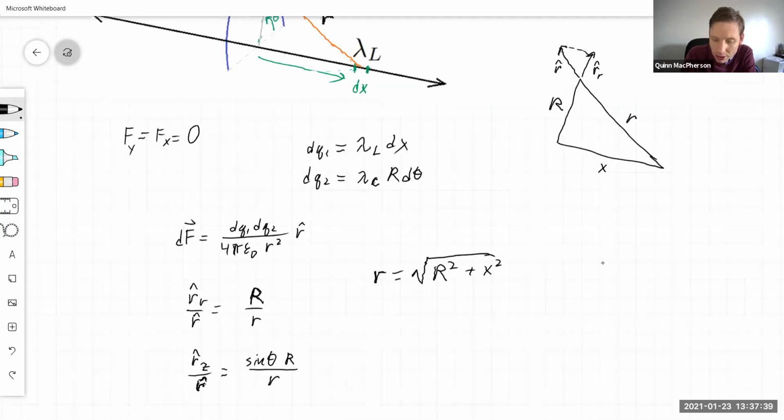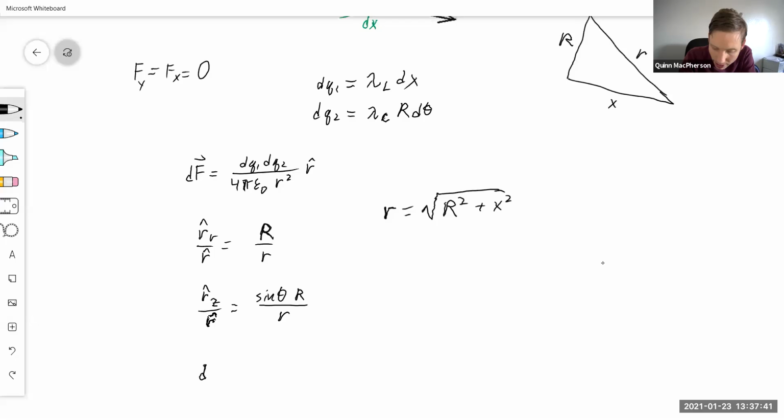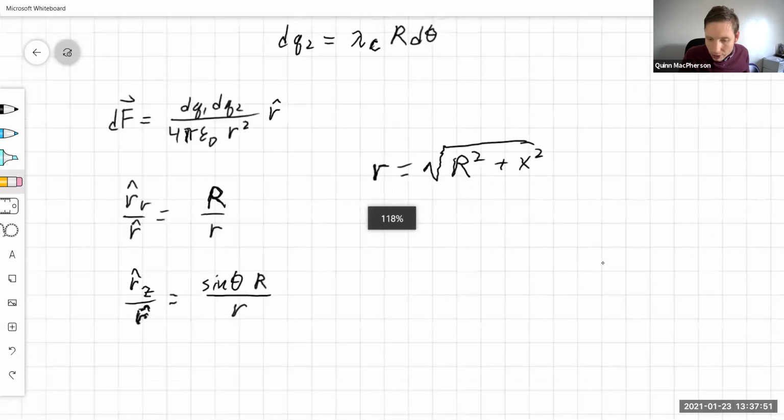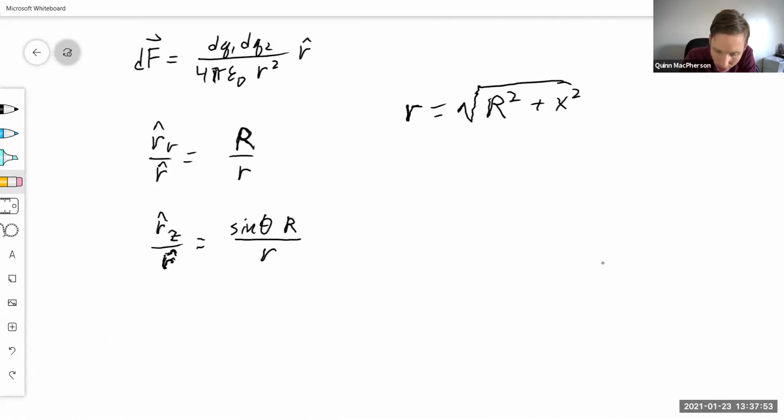Okay. So putting this all together, we can say dF. Let me zoom up so the handwriting is a little better. dF is equal to dq1 dq2, I'm just going to write those as dq1 dq2 for now. We'll substitute them in later. Over 4 pi epsilon naught r squared.